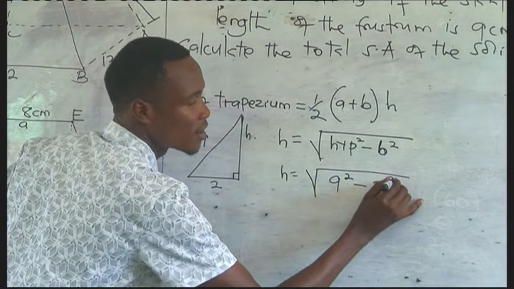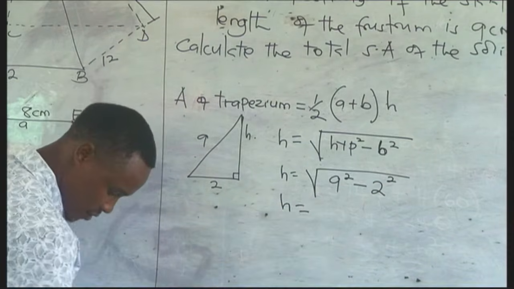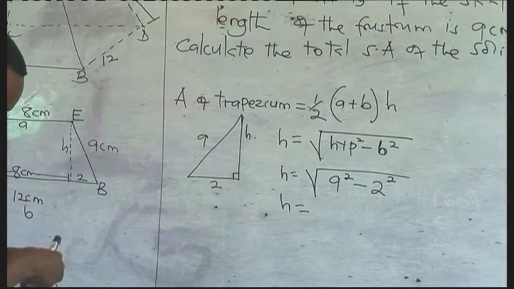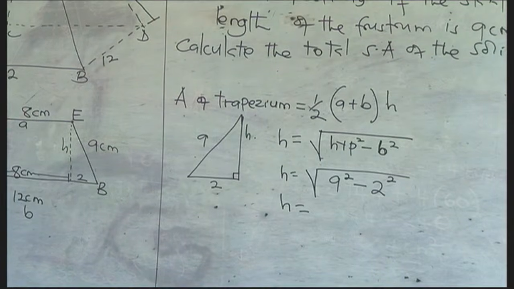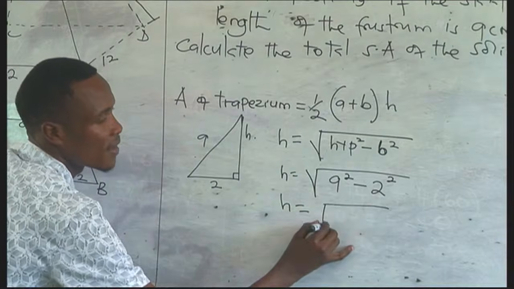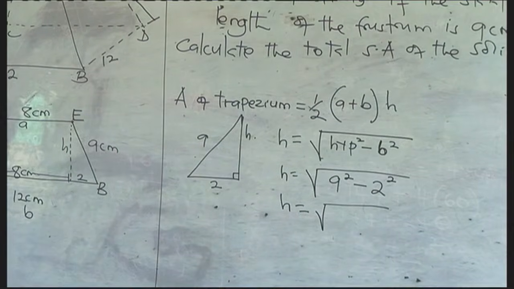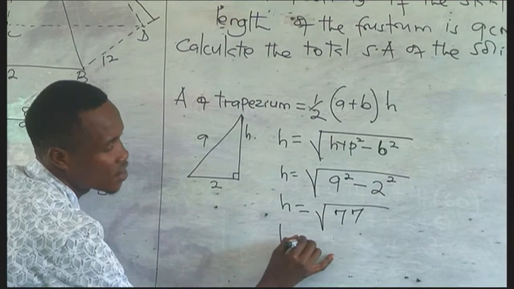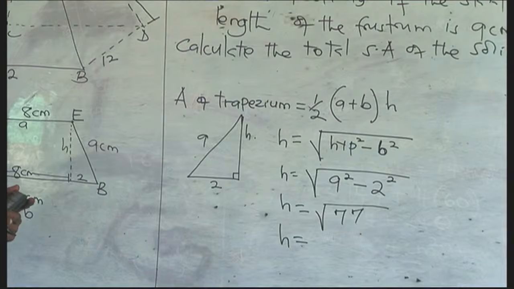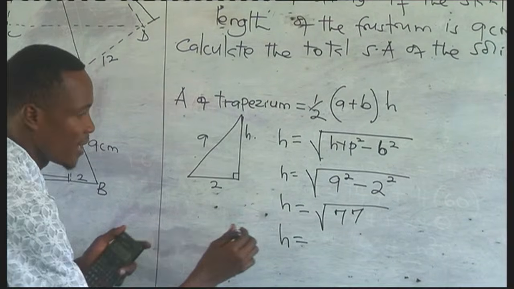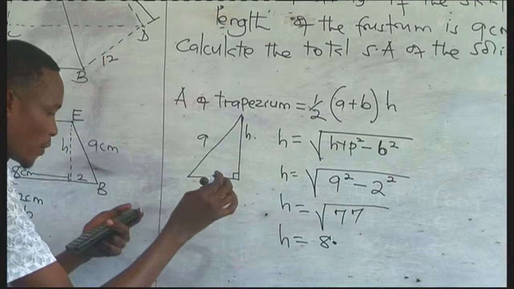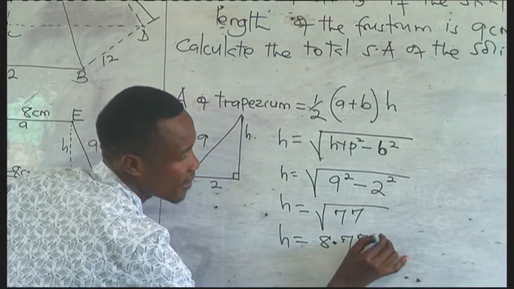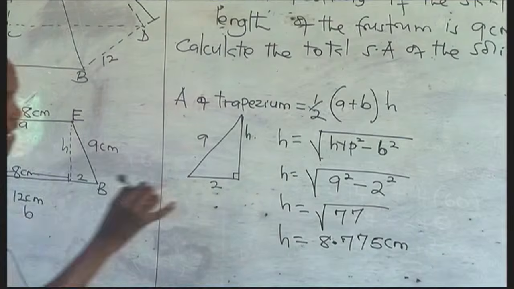So you square 2. Our height becomes the square root of 9 square minus 2 square, which will give you 77, which now our height will be the square root of 77, that is 8.775 centimeters.